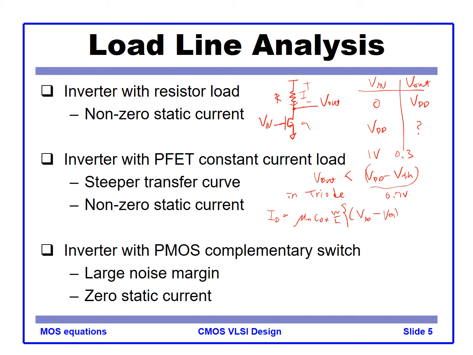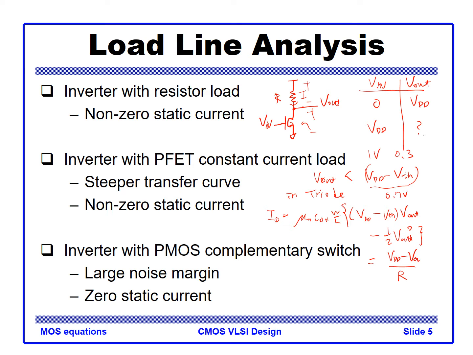So we can write down the equation ID equal to mu n COX W over L (VDD minus VTH) Vout minus half Vout squared, right? Vout is now the VDS of the transistor. This is the triode equation.